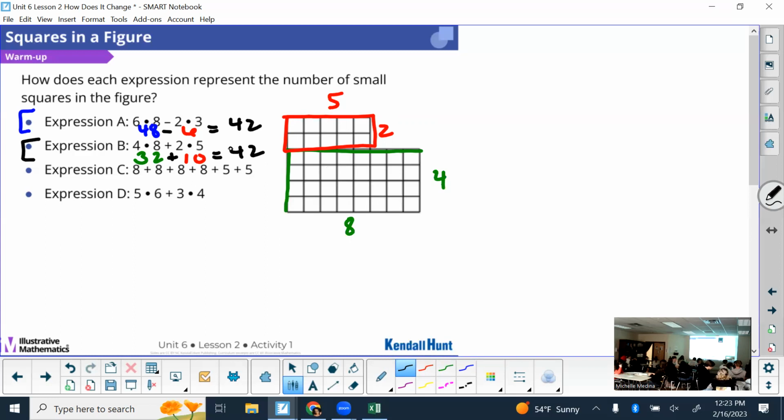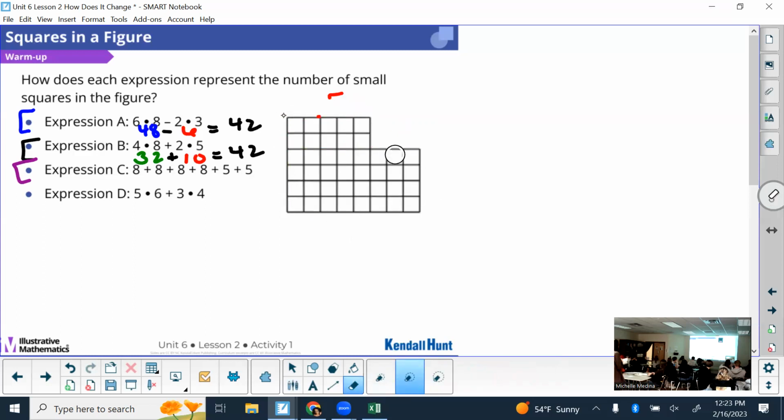Table 5. Can you explain to me expression C? Okay, so they're counting each row. There's 4 rows of 8, so 8 plus 8 plus 8, and then where are they getting the 5?